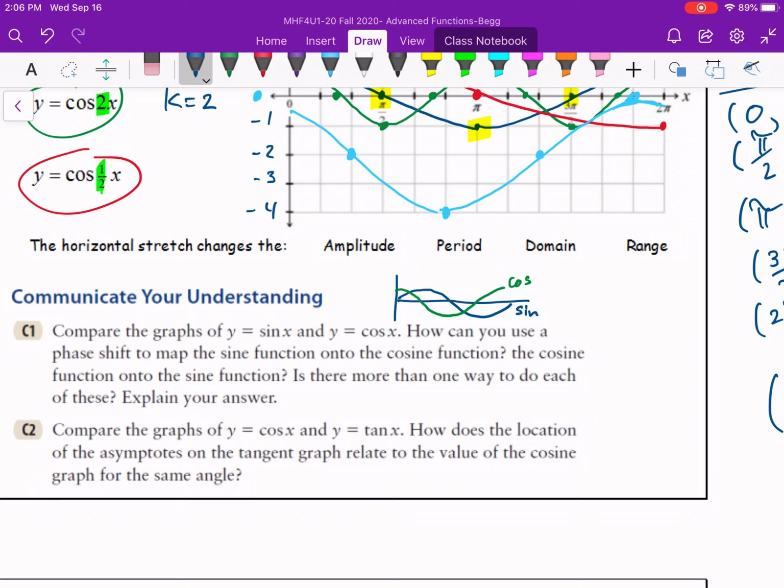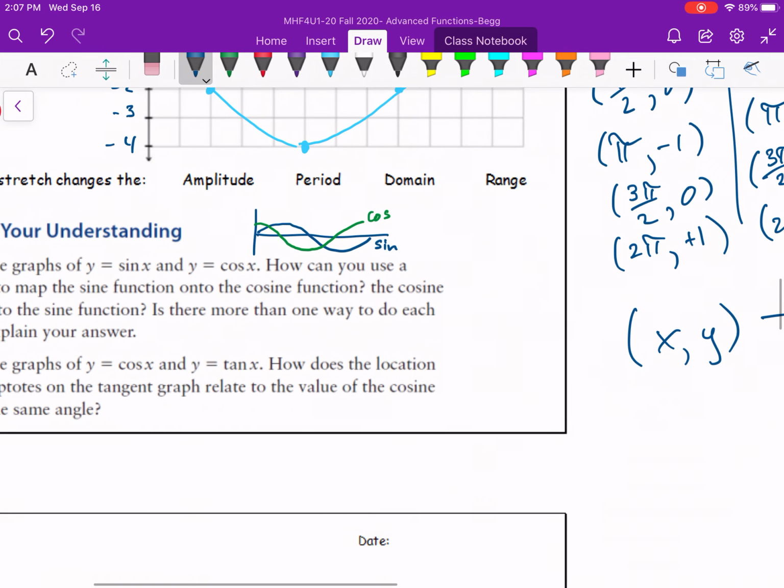Or the sine one, you could imagine if you took the cos one and shifted it to the right. So we could think of the cos graph as being a transformation of the sine graph. So we could think of cos x, stick with the green color since that's what I had for cos x.